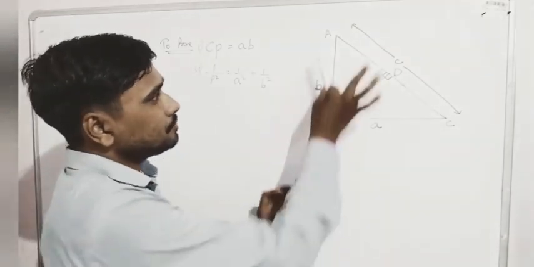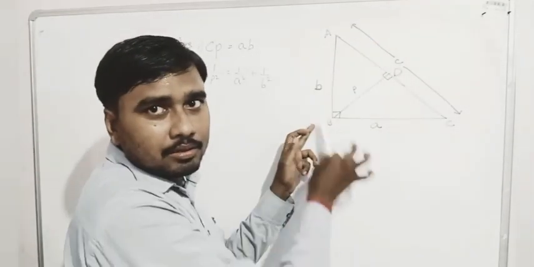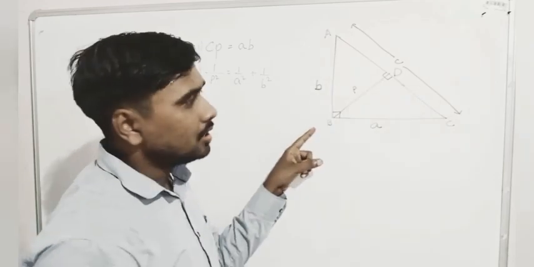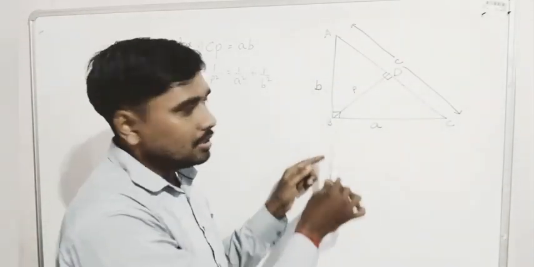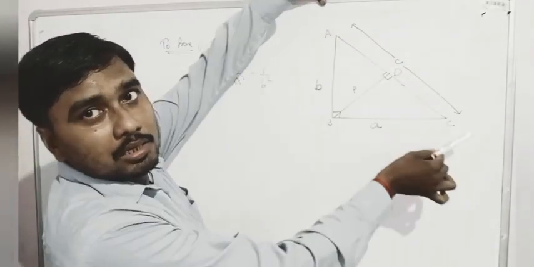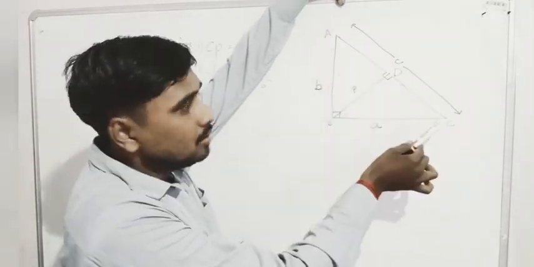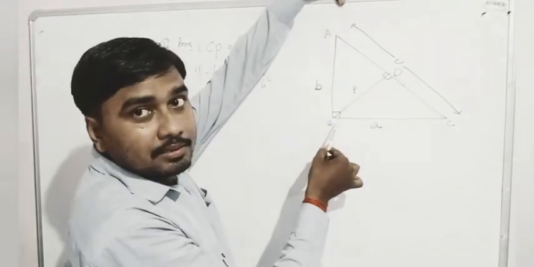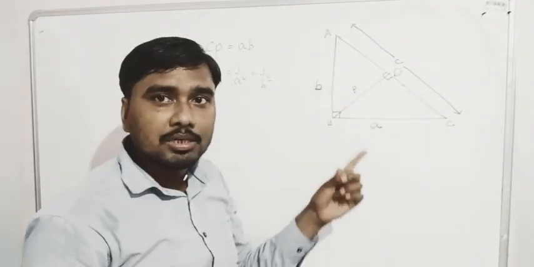So this is a right angle triangle. So we can find the area of a triangle ABC, that is half into base into height. But when the base is AC, then also we can find the area of a triangle half into base into height. So in both the case the area will be equal.